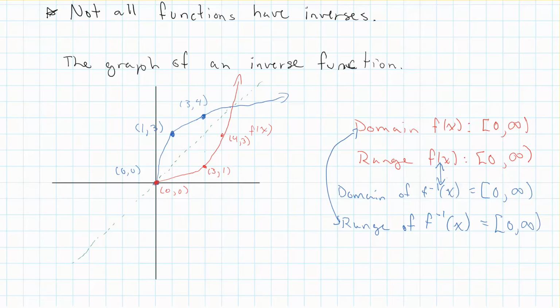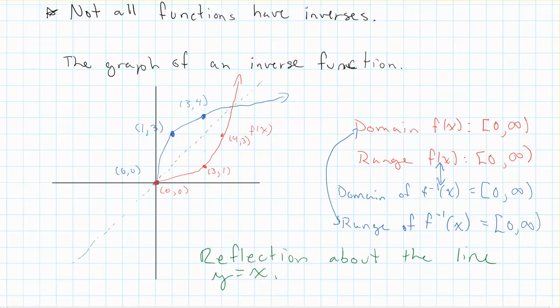Now, what I want to emphasize here is that this is a reflection about the line y equals x. So you can sketch a graph of an inverse function not even knowing what the equation is.